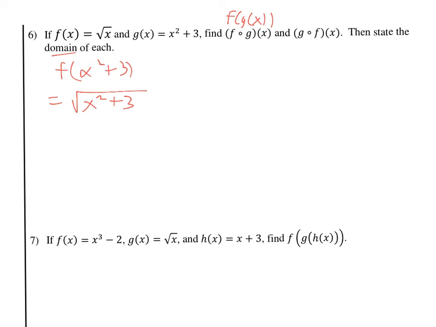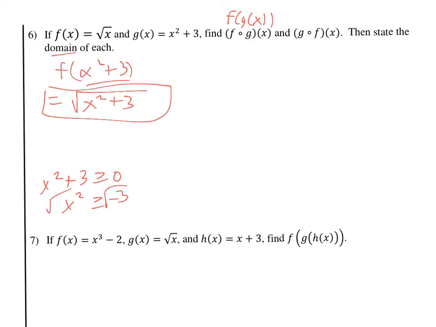And then for domain, I look at the inner function, there's no radicals or denominators. I look at the final answer, there actually is a radical. So I know the inside of the radical must be greater than or equal to 0. If we try to solve this, that would be negative 3, and we square root it, we get an imaginary number, and that's a little weird.